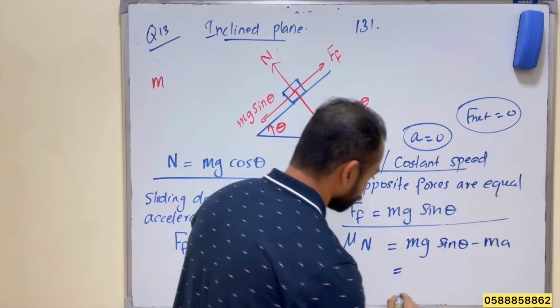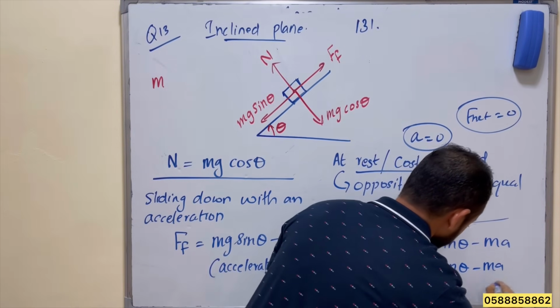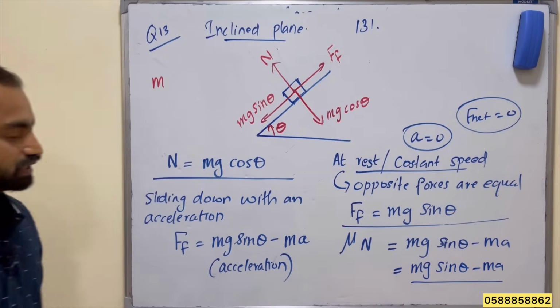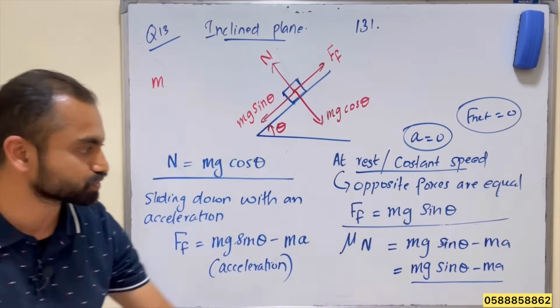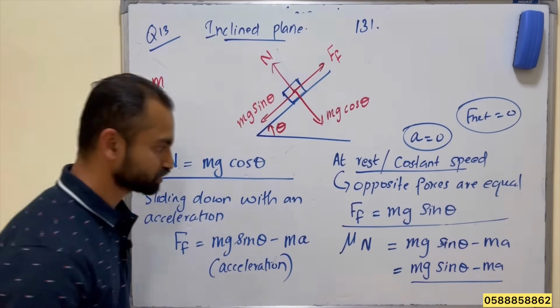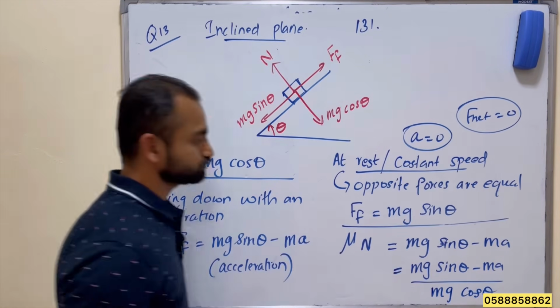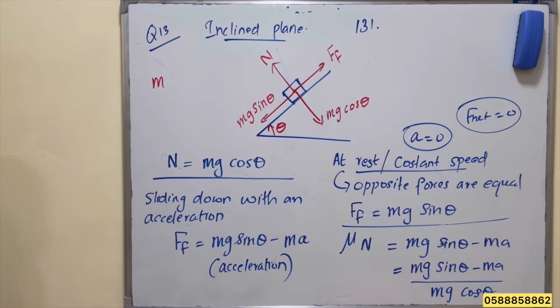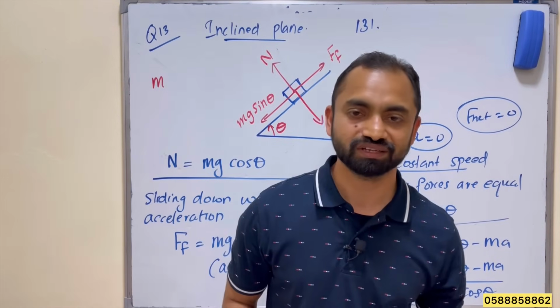So how to calculate it? mg sin theta minus ma divided by the normal force. What is the normal force? It is always equal to mg cos theta. So these are the equations you can use to calculate different things in questions from the topic of inclined planes.